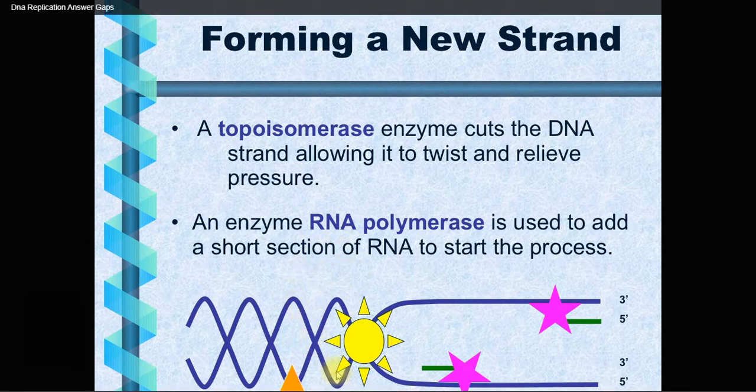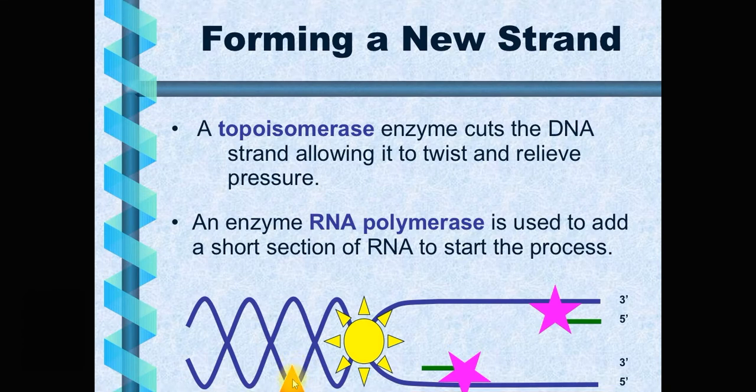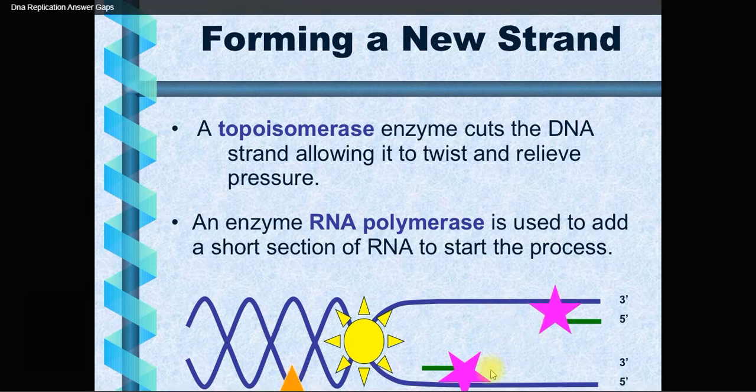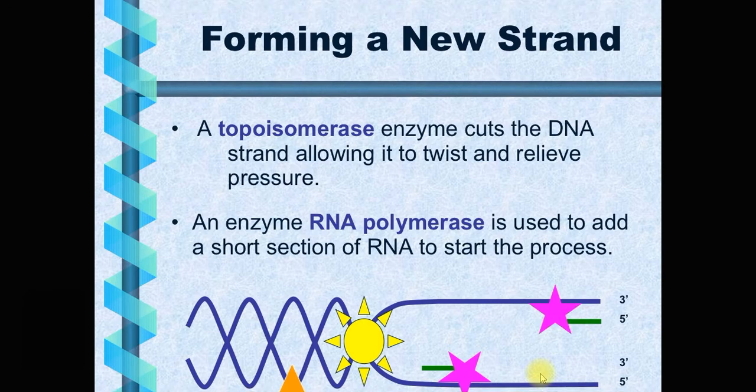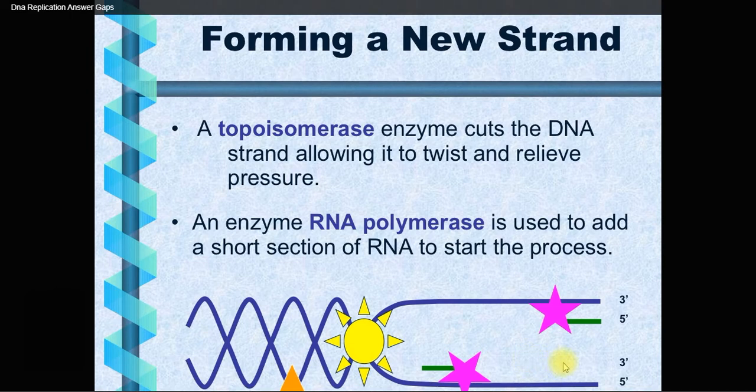Topoisomerase relieves this torsion, or the pressure between these strands. As the DNA strands begin to unwind into separate single strands, this is known as the origin of replication. And when the double helix unwinds, the replication process proceeds along the two single strands in opposite directions, forming two replication forks that move along the DNA as they go.